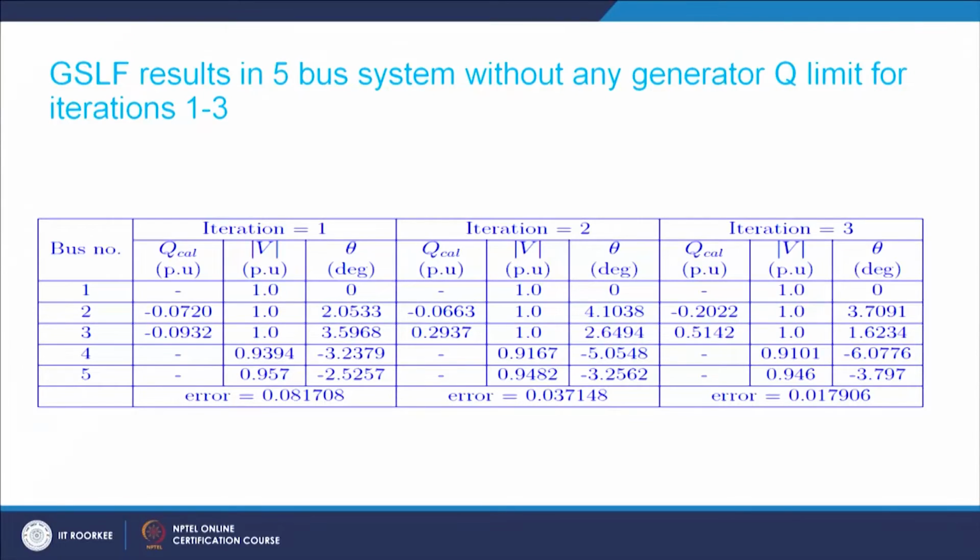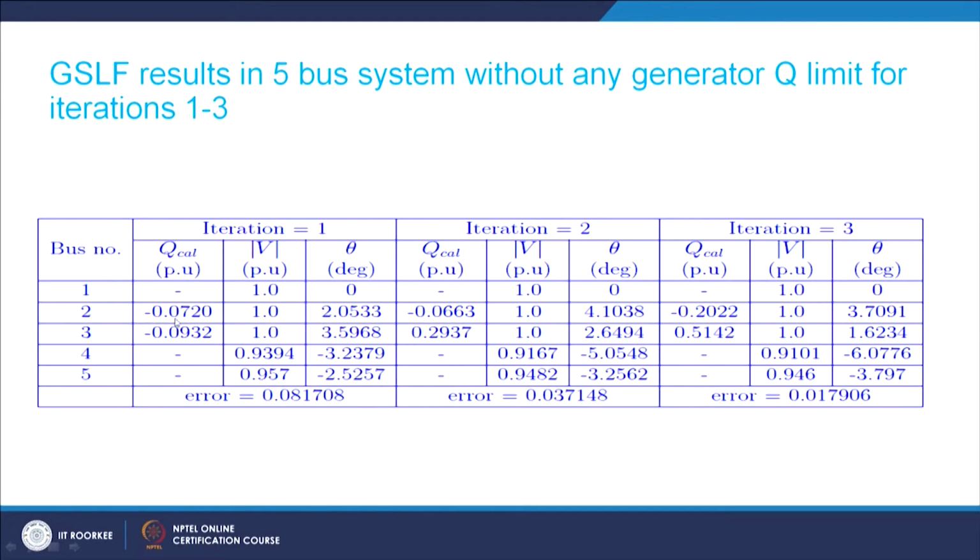So, in the first iteration, as we have said in our normal algorithm, as we have just recapitulated our basic algorithm, first for these two generators we will be calculating Qi. So, we have calculated Qi for bus 2 and bus 3 because these two are the generators.